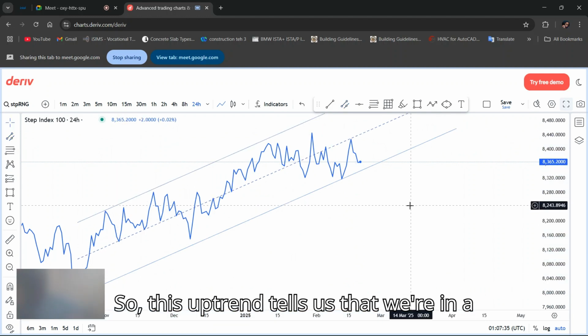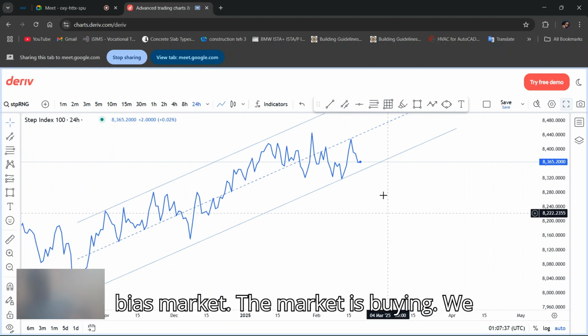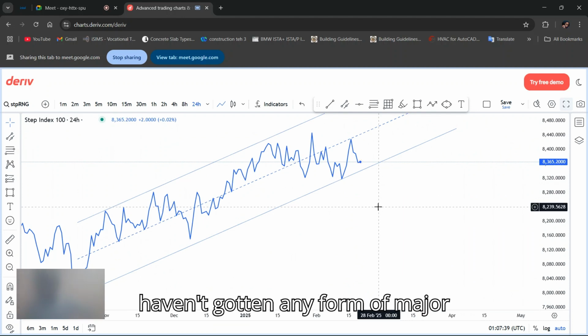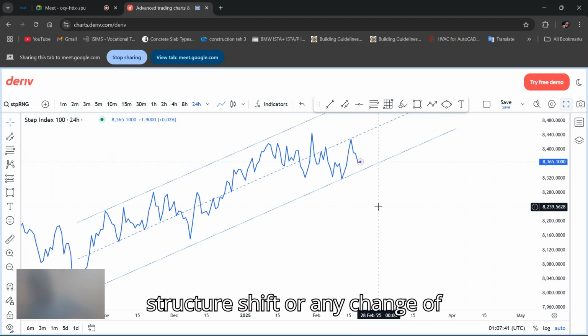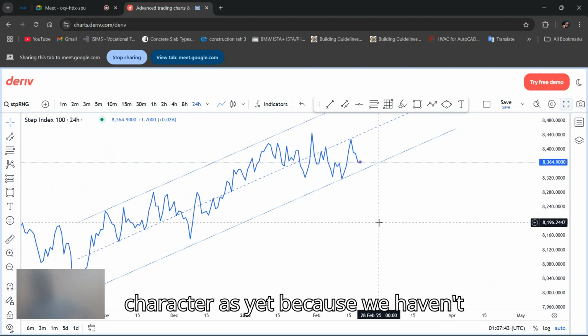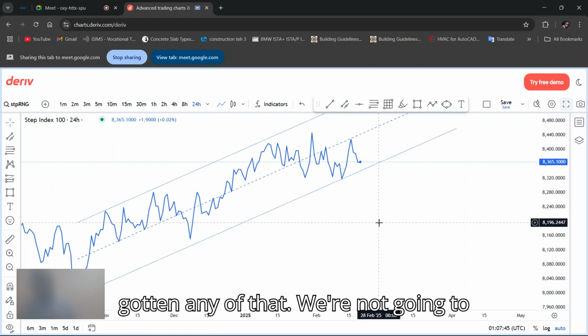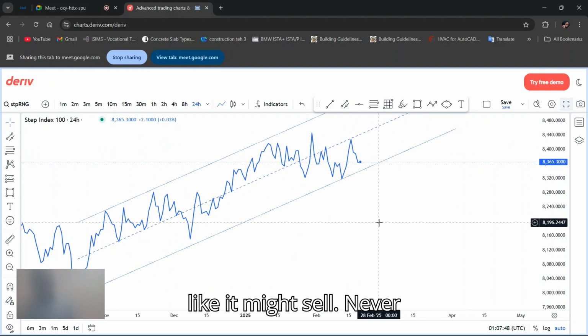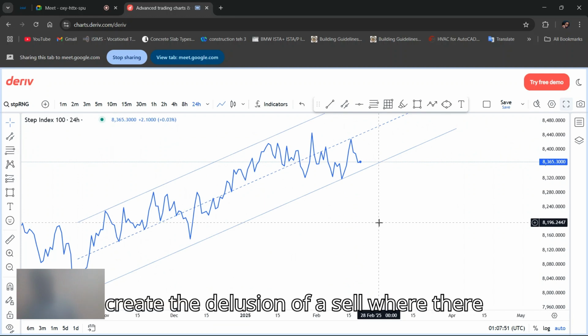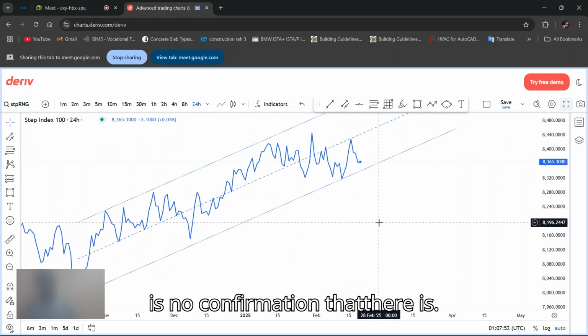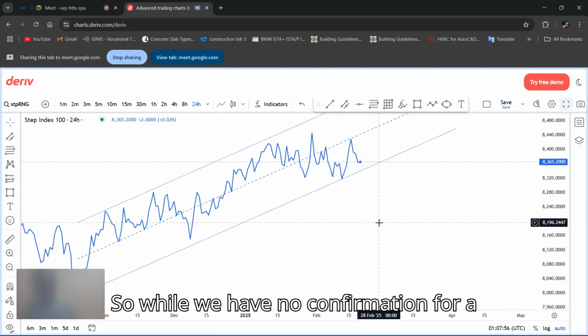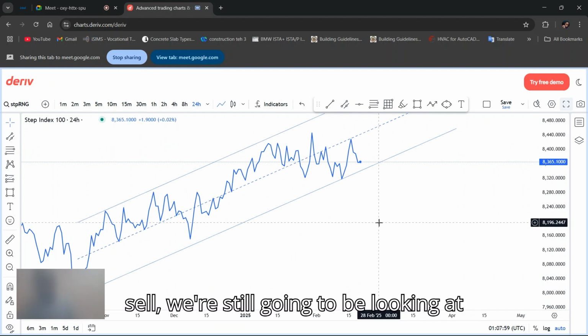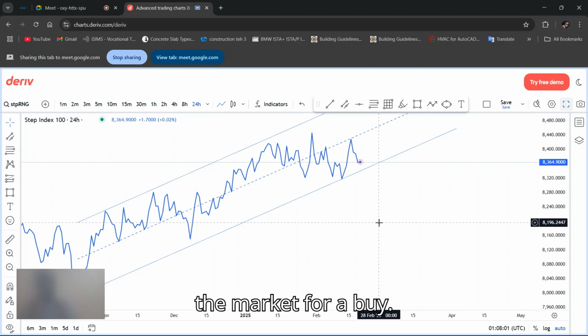This uptrend tells us that we're in a buyer's market. The market is buying. We haven't gotten any form of major structure shift or any change of character as yet. Because we haven't got any of that, we're not going to create the delusion that it looks like it might sell. Never create the delusion of a sell where there is no confirmation. So while we have no confirmation for a sell, we're still going to be looking at the market for a buy.